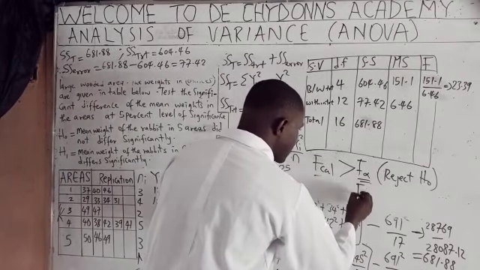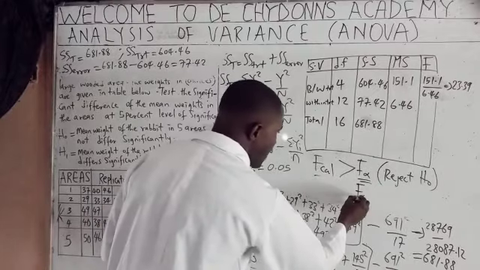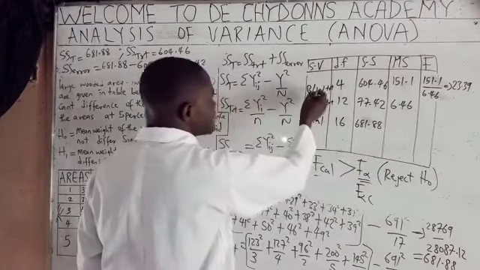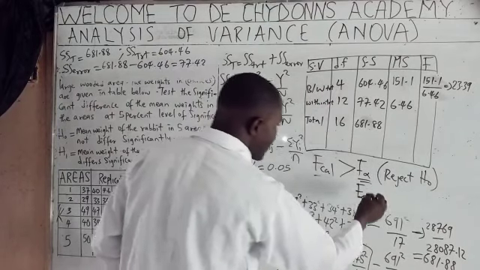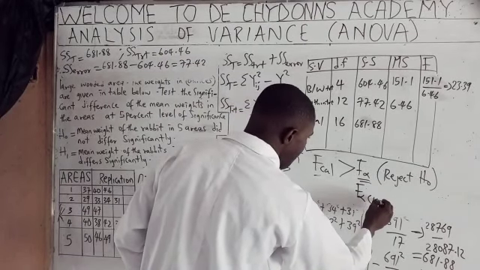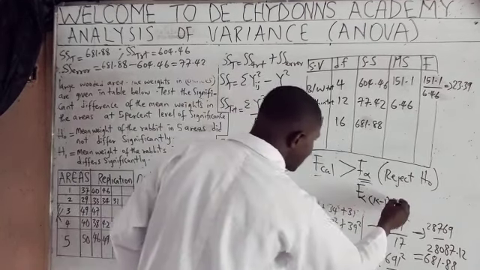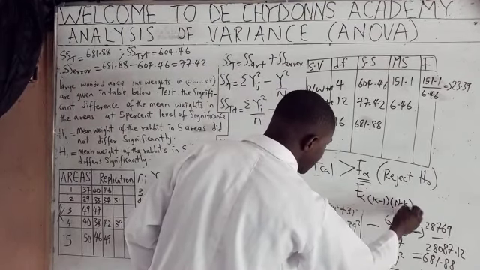This F alpha is what is between treatment, that is K minus 1, and what is within treatment, that is N minus K.